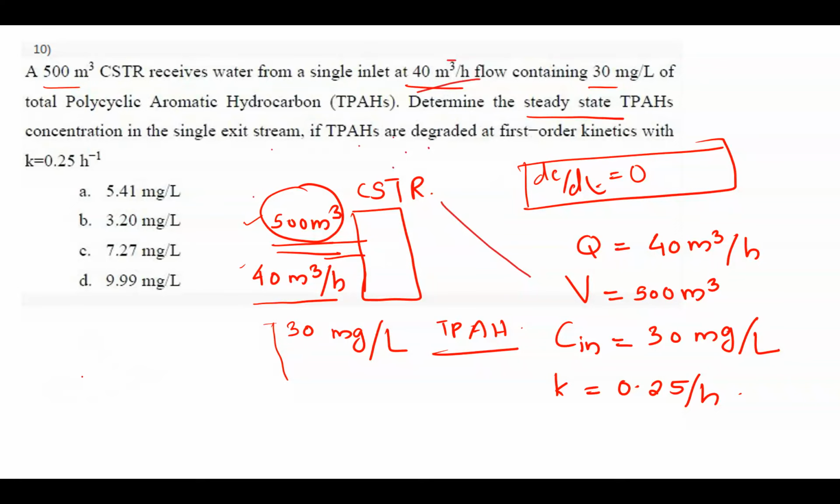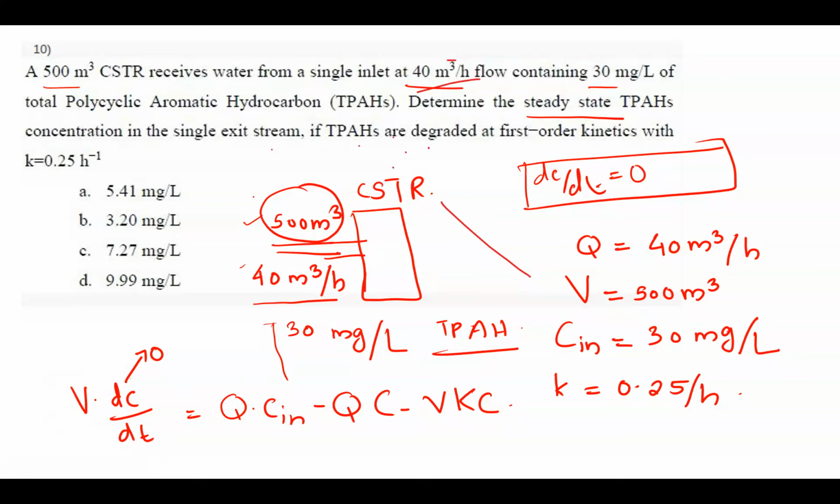The equation from before is V dC by dt equal to Q C in minus Q C minus V k C. So here the left term will become 0, so the whole term will be 0.